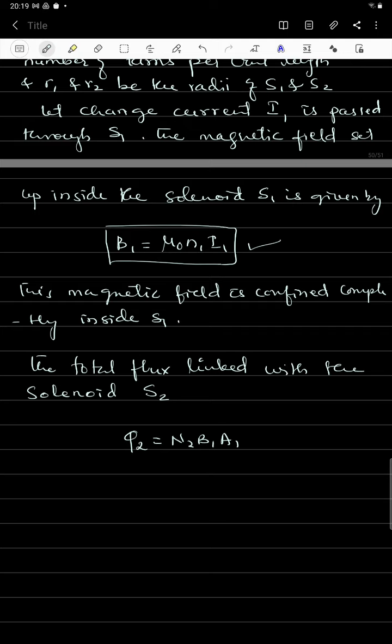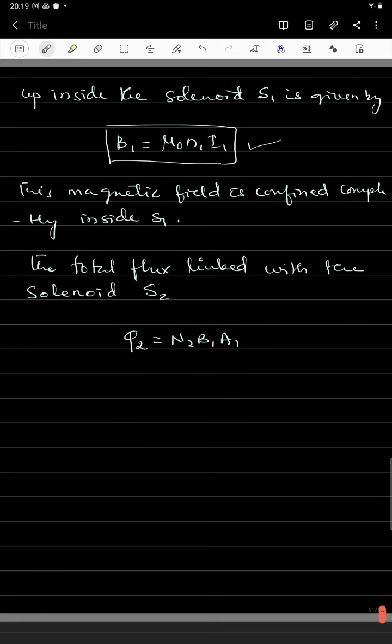Now here this N2 we can write as small n2 into L, the number of turns per unit length times length, that is n2 L. And the area A1 we write as pi r1 square.